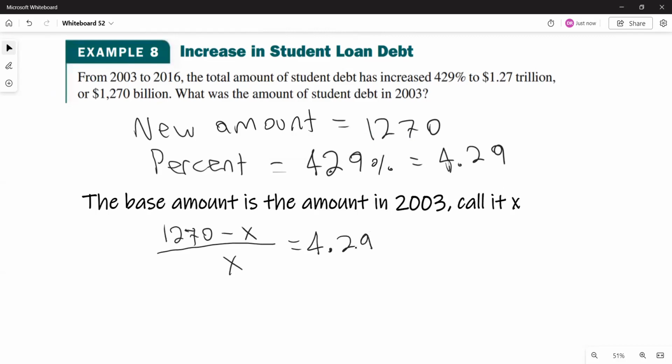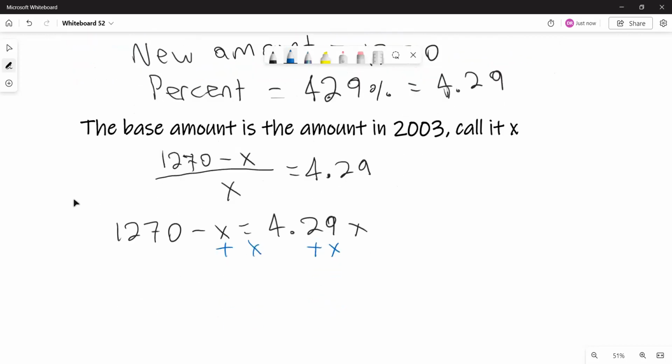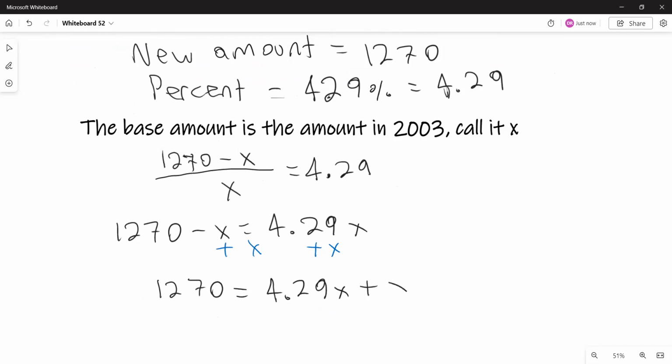Let's solve this equation: multiply X on both sides, then add X to both sides. 1,270 is equal to 4.29X plus X.